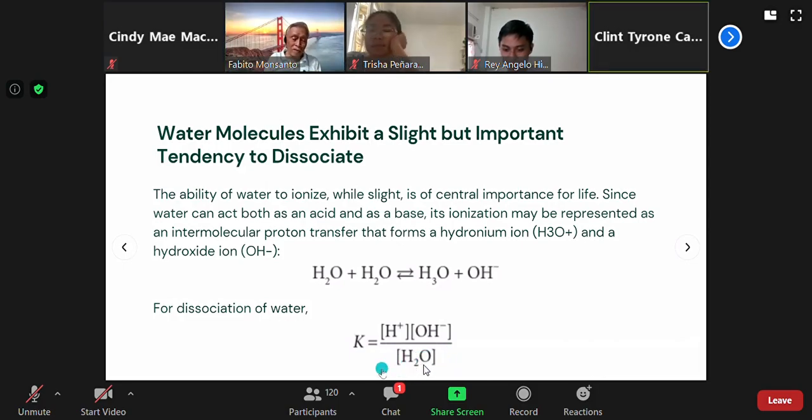So that's dissociation. As long as you are able to know what that is, if you are presented with an equation like this, okay.